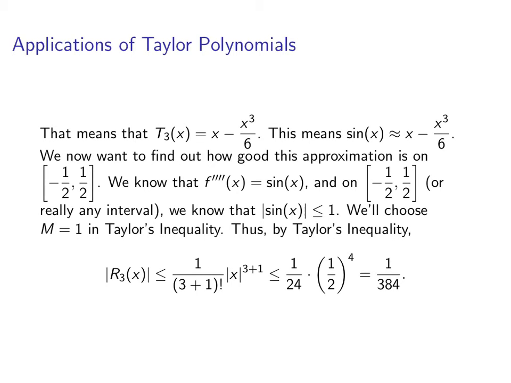So we can try to simplify all of this. This piece here is 1 over 24. And notice that we're plugging in values of x between -1/2 and 1/2, so the absolute value of x is never any bigger than 1/2. And so that's how we get this piece here. And if you work all this out, you get 1 over 384.